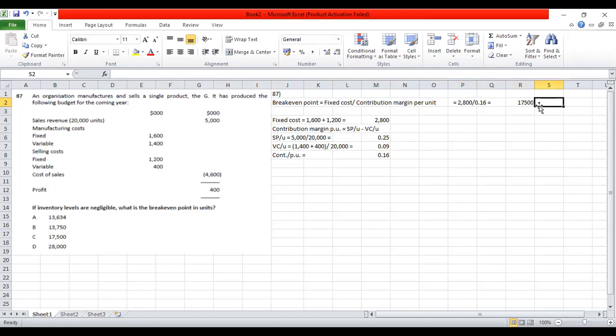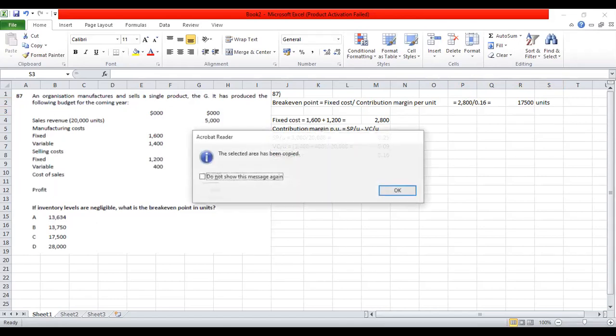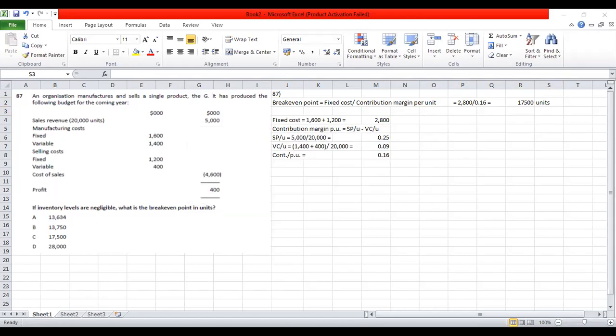That gives 17,500 units. Please make a note in your notebook and then you also work out, use the calculator and then check that.